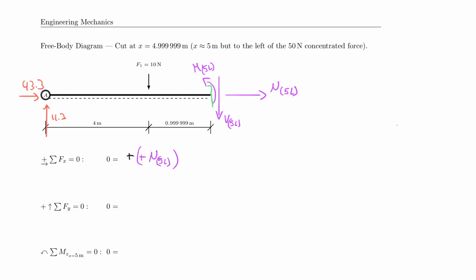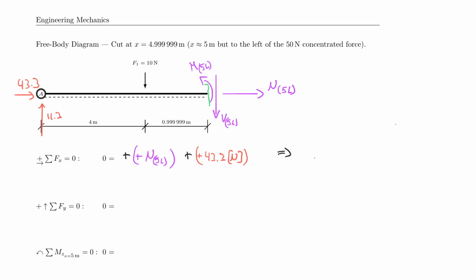I now use my 43.3, so plus 43.3 Newton, which is also always positive because it's in a sketch, but maybe to be unmistakably clear here, it's also pointing to the right. And therefore I can now say that my normal force in the 5 to the left location is equal to minus 43.3 Newton, which of course means that it's in compression.